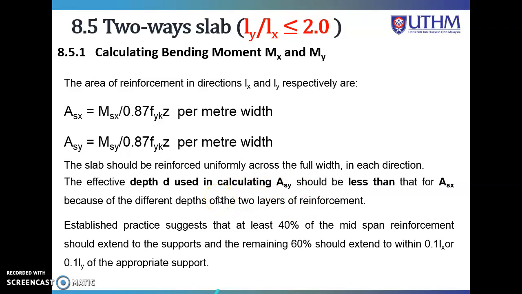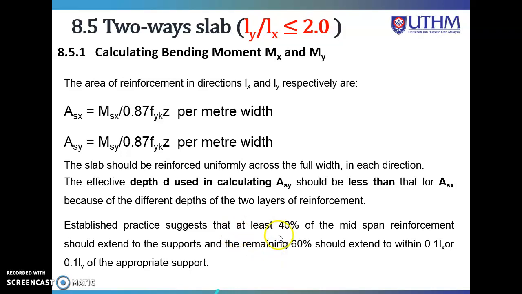Maksudnya kita dah letak main reinforcement in the X direction, in the shorter span. Lepas tu barulah kita letak secondary reinforcement ataupun distribution reinforcement di atas main reinforcement. So that's why kita cakap d untuk Asy ni mesti lebih kecil daripada Asx, because of the different depth of the two layers of reinforcement.